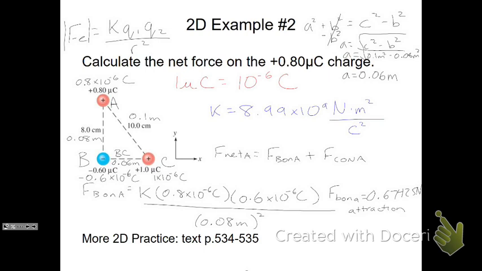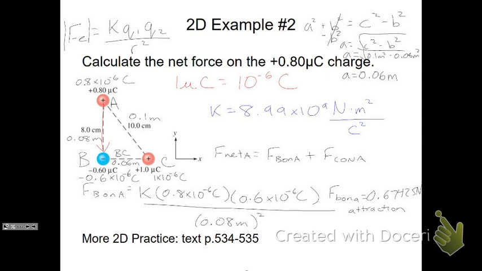Okay, so let's ask ourselves what does that mean? We're looking for A. So it's being attracted, right? It's moving towards the negative side. A is moving downwards towards the negative sign.